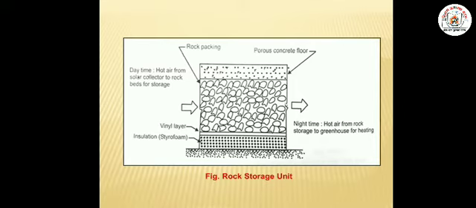Then during the night time, when heat is required for crops in the cold regions, the hot air from the rock storage is provided to the greenhouse for heating purposes. So this is the rock storage unit.